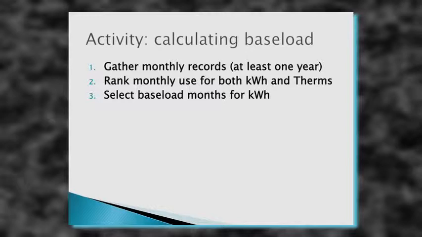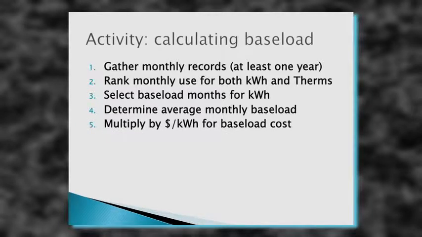We rank both our gas months and our electric months, and then we pick our baseload months for gas and our baseload months for electric. And we're usually looking for anywhere from 3 to 4 months, depending on where we live. Then we determine the average monthly baseload, and multiply that by our cost per kilowatt hour, or cost per therm.